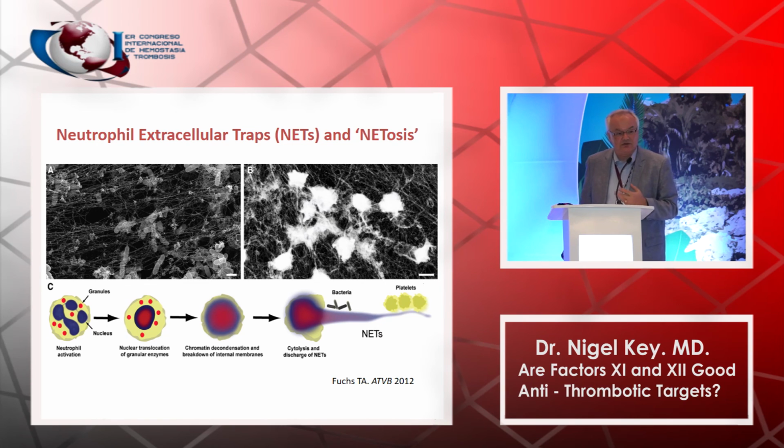NET is a great term to describe this, because I think about a fishing net. You throw out a net and you catch the fish, and neutrophils do this to catch bacteria. But there's also been a lot of interest in whether they can promote coagulation.